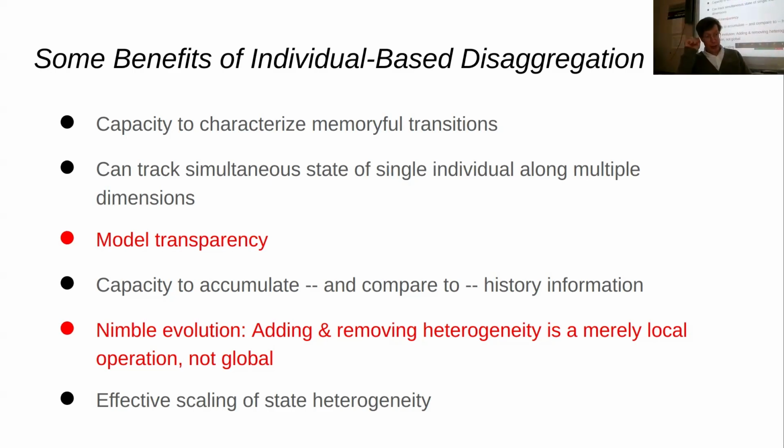And finally, we have these scaling relationships that mean that the model size for a representation that's aggregate, that's cross-sectional, rises geometrically, multiplicatively with each new dimension, but only additively in the context of an individual-based model. So those are some characteristics of representing state and state heterogeneity of multiple evolving processes within agent-based models.